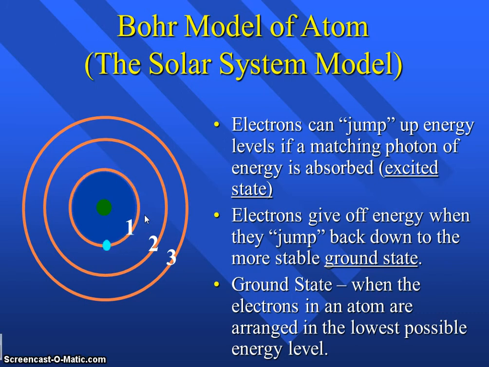So if I had 2 electrons, ground state means they'd both be in the first energy level. But if I had an atom that had 3 electrons, I could put 2 of them in the first, and then my third electron would be in the second energy level. And that would be the ground state for that particular one. So it doesn't mean they're all in the first, it just means that they're in the lowest possible configuration.